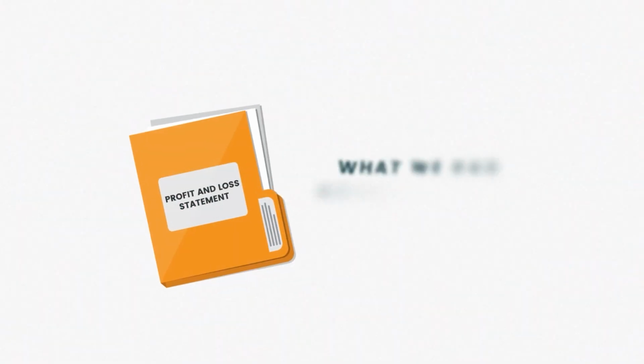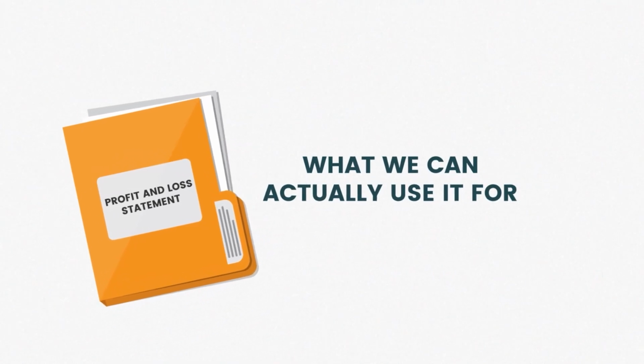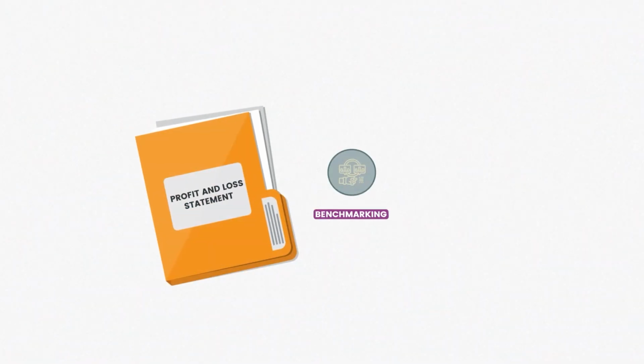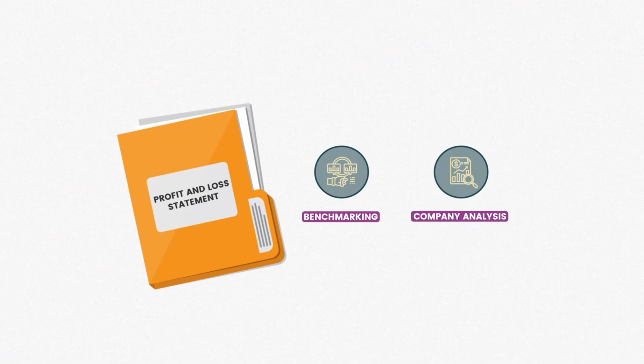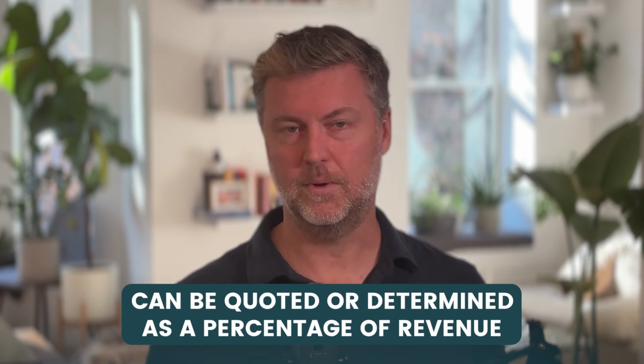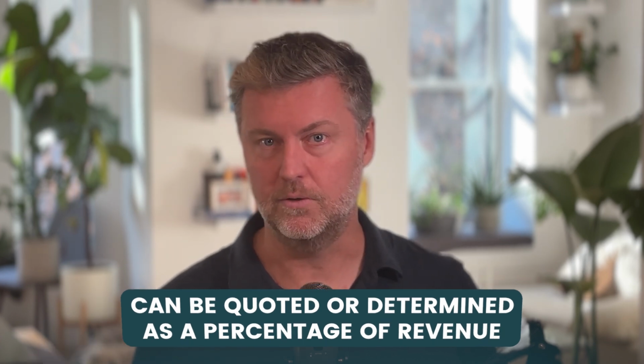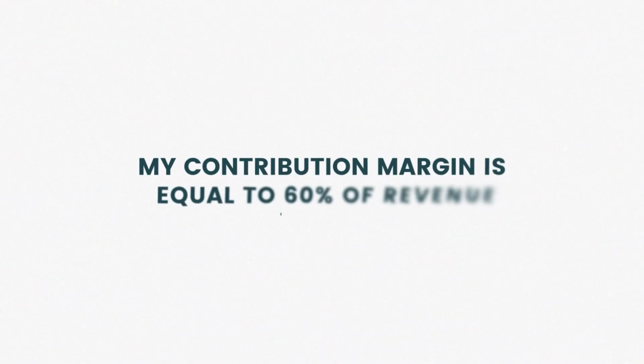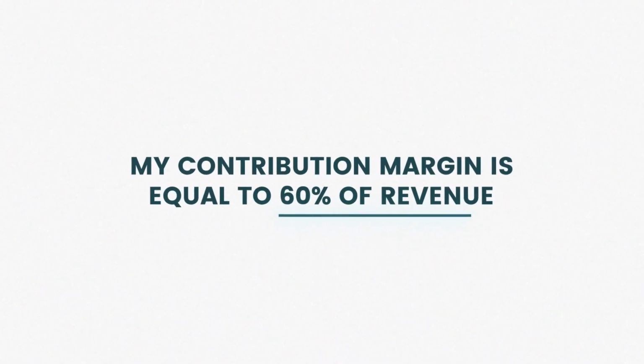The next thing I wanted to talk about is what we can actually use it for. There's a number of different uses, but the first and probably one of the most important ones is for benchmarking and comparable company analysis. You see, all of these different margins that we just finished calculating can be quoted or determined as a percentage of revenue. So for example, you might say that my contribution margin is equal to 60% of revenue, hypothetically.